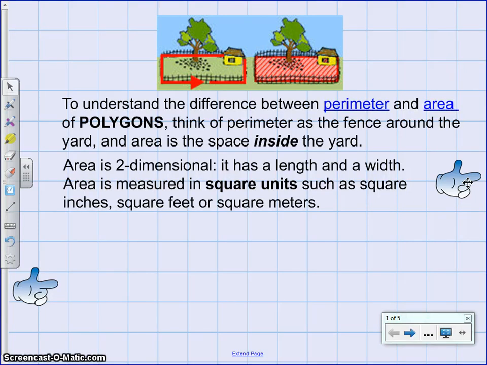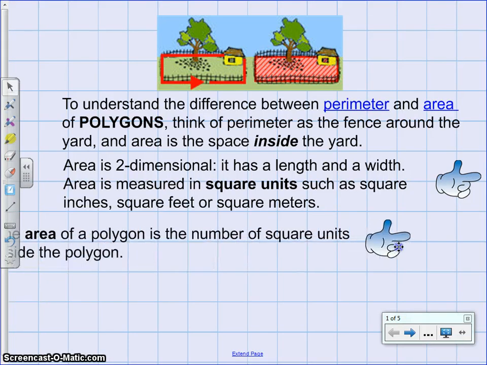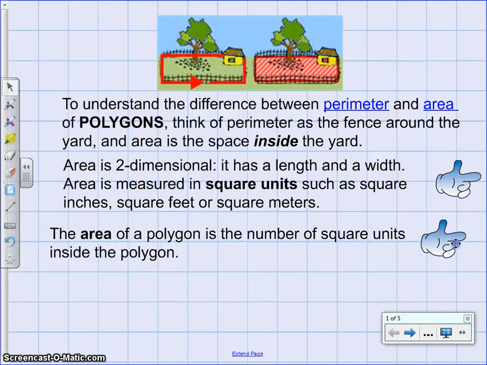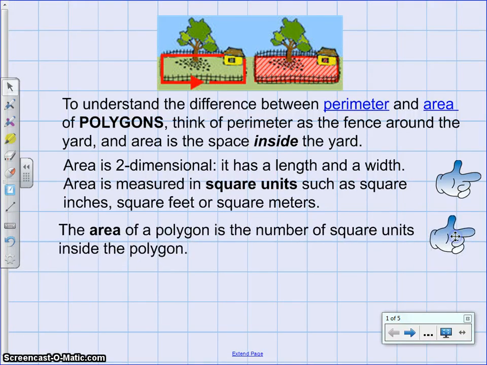They're called square units, and they are measured in square inches, square feet, square yards, square meters, square miles, and hopefully you have a better understanding of when you would use the different units for using inches on your desk versus using feet and yards in your backyard for the different size objects that you are measuring.